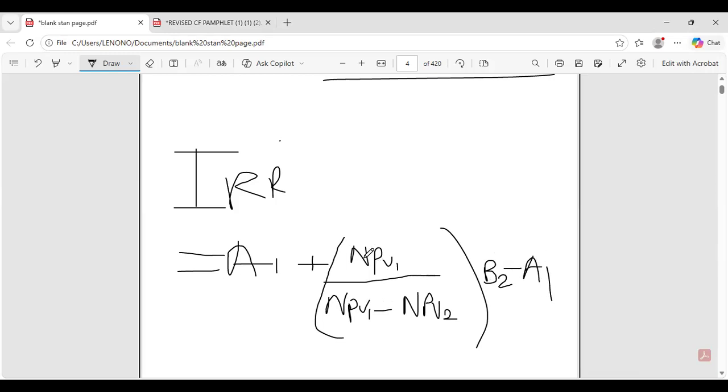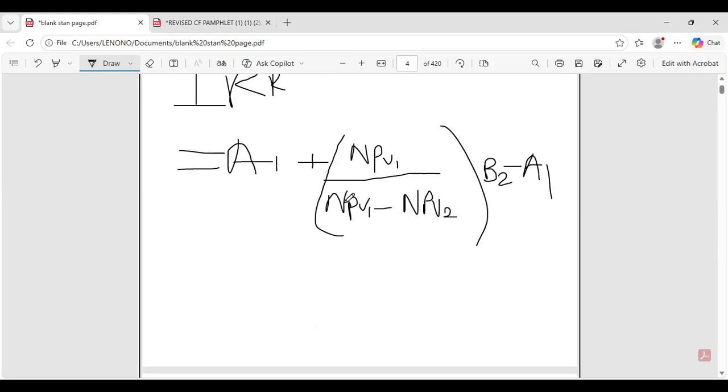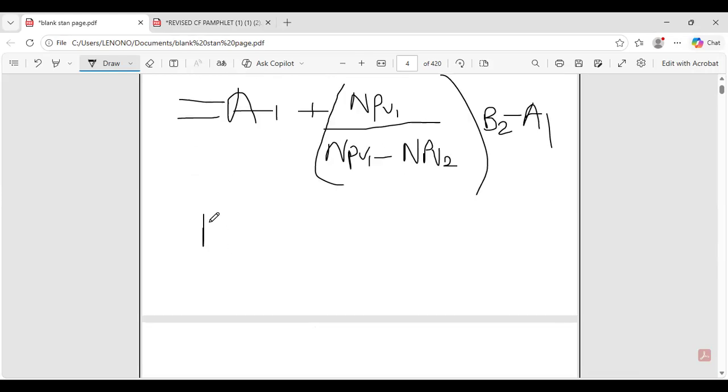So accept the project if the internal rate of return exceeds the cost of capital. So A1 is rate 1. B2 is rate 2.